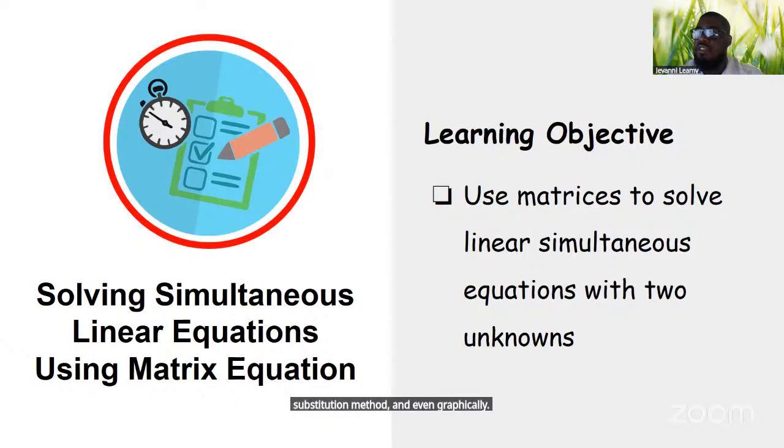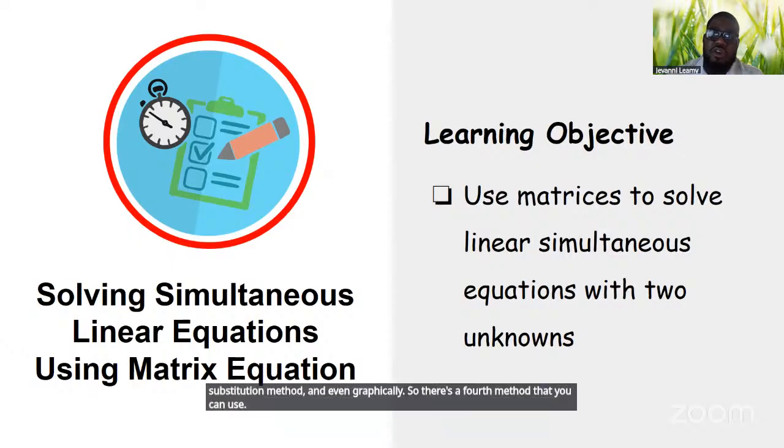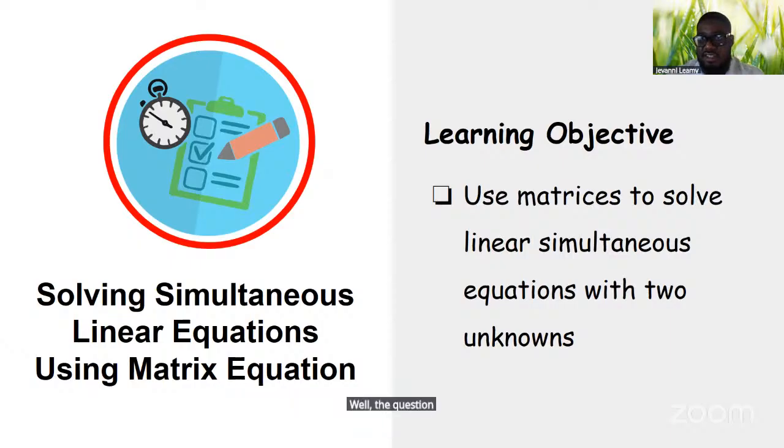So there's a fourth method that you can use, but the question will have to dictate that you will be using the matrix method. If the question says solve the simultaneous equation, you are free to use whichever method you are comfortable with. But once it says using the inverse matrix method, you have to use that method.